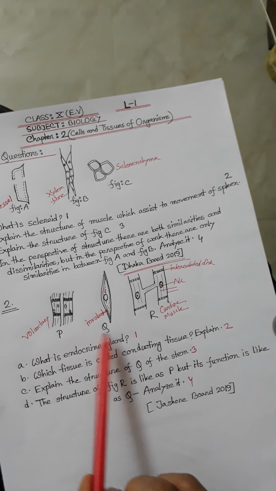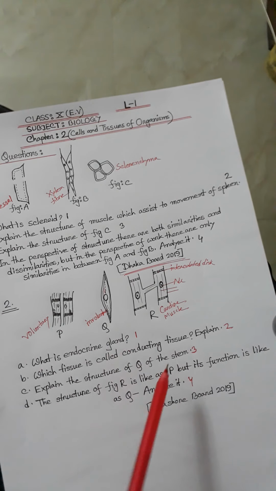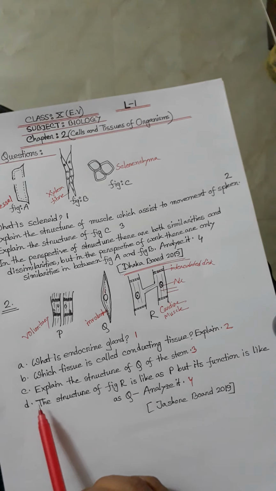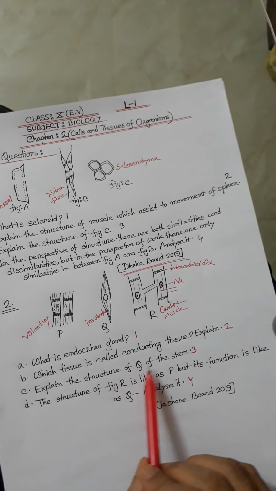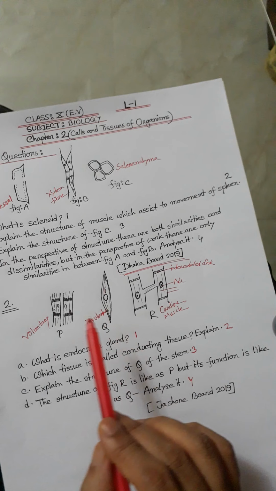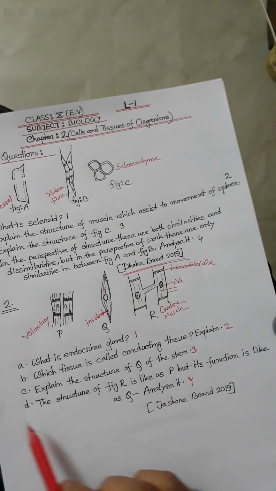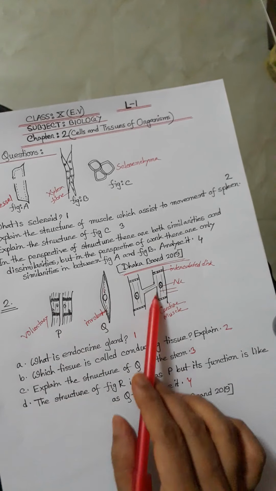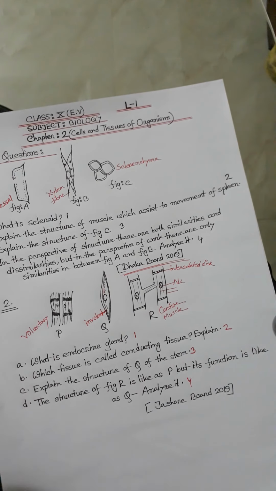Voluntary, involuntary and cardiac, all three figures are very important, because when you write the C question, the structure of Q, you will write about involuntary muscle. And for D, you will draw two figures, voluntary and cardiac muscle. So these two questions are very important from this chapter. Practice these two questions very carefully and learn them very carefully.